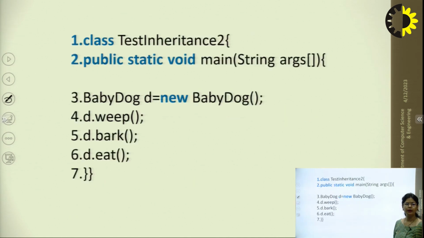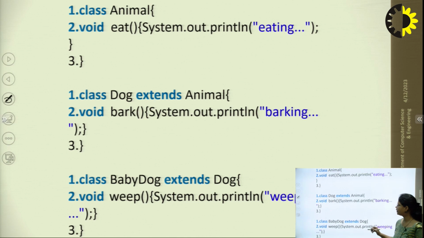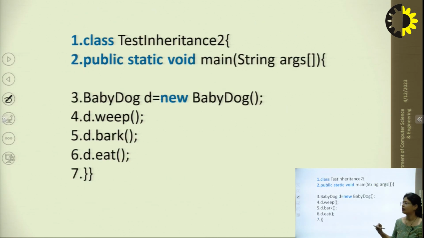Now I have created the object for the BabyDog class, with the object name d. With that object I'm calling all three methods.